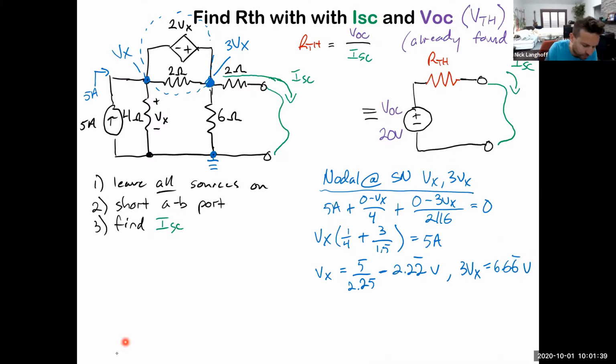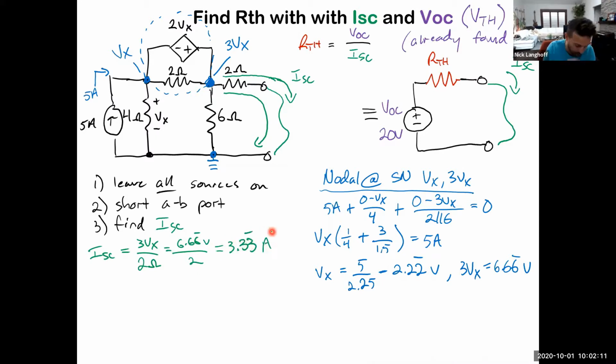Now that we have the 3Vx term, we can find ISC. ISC is just 3Vx over 2 ohms, the current flowing through that resistor down to ground, or in other words, 6.66 repeating volts divided by 2 is 3.33 repeating amps.